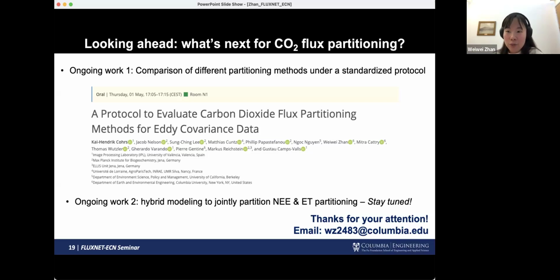And I would also like to briefly mention two ongoing works I'm engaged in regarding carbon flux partitioning. The first one is led by a collaborator, Kai, at the University of Valencia. He is trying to develop a unified protocol to compare different partitioning methods.